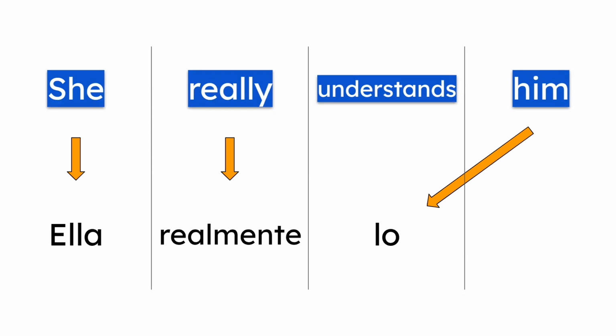The verb understand is entender. So we have to conjugate entender for ella. Entender is an irregular verb. And this is ella realmente lo entiende. Yeah, she knows him very well. Ella realmente lo entiende. Okay, come on, say it. Very good.